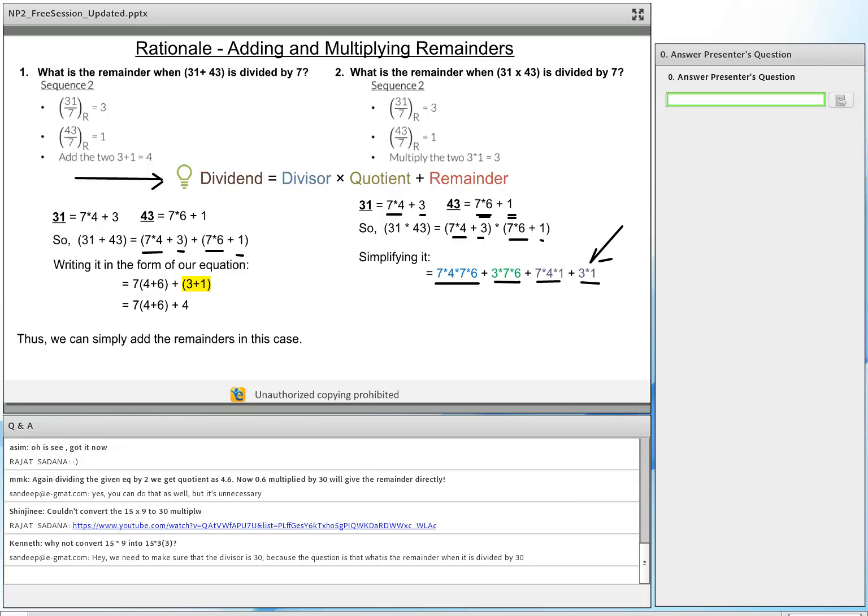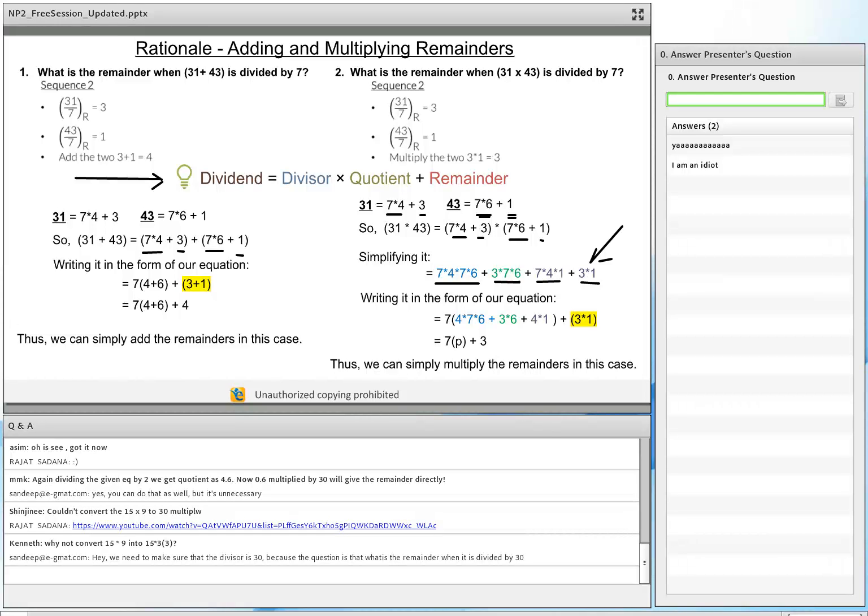Again, I'm going to let you absorb this. If you simplify this even more, you get the same form as 7p plus 3, and you get the remainder as 3. So again, this is how it works. Knowing the fundamentals, the nuts and bolts, is that helpful?